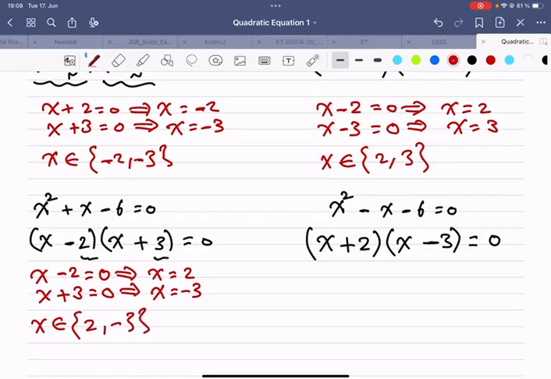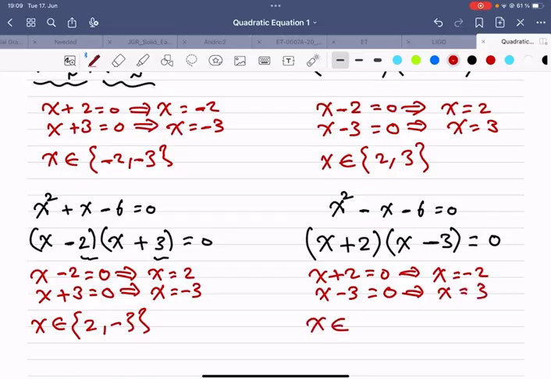Here, the same: x plus 2 equals 0. This gives you x equals negative 2. x minus 3 gives you 0, so x equals 3. So x is negative 2 or 3.